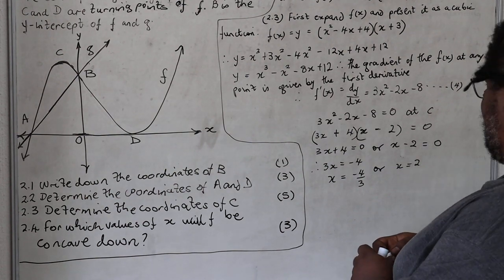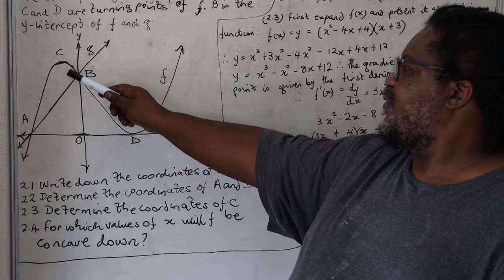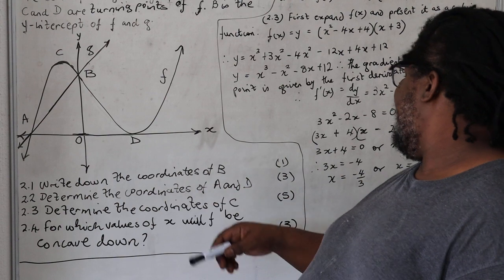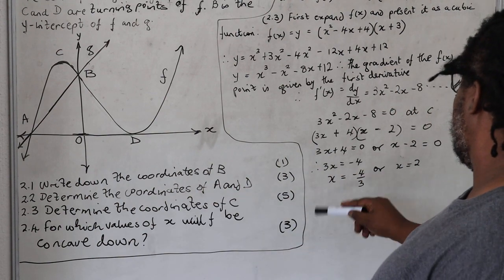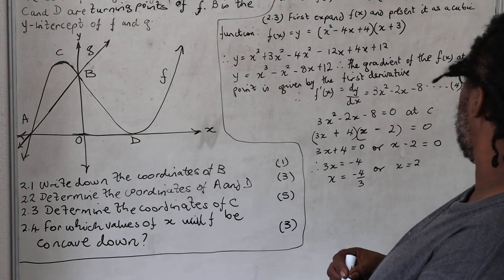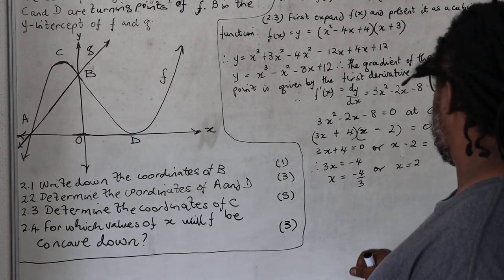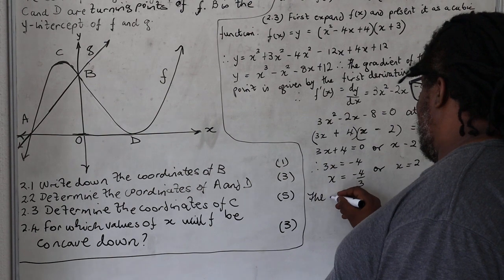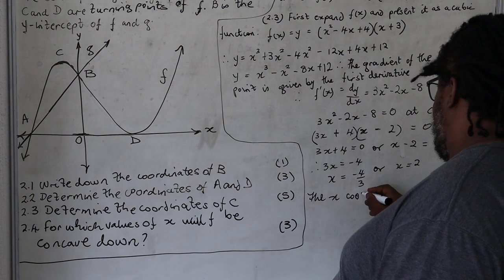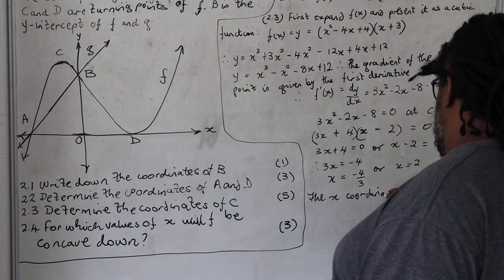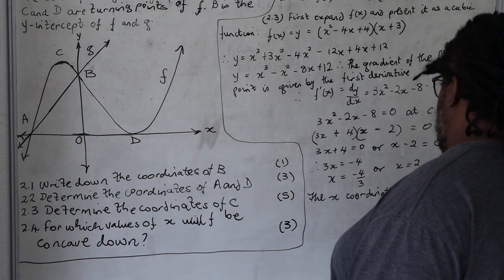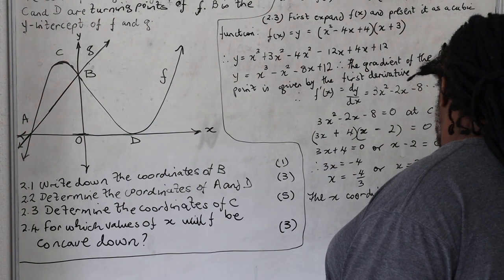And x cannot be equal to 2 there, it should be negative, and therefore our solution is x is equal to minus 4 over 3, and the x coordinate of C is minus 4 over 3.